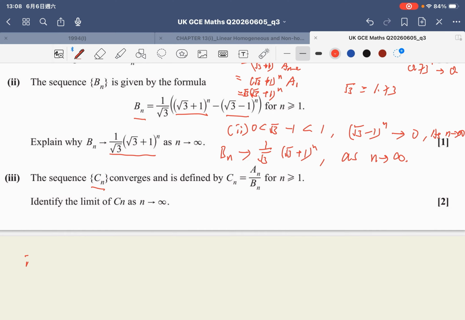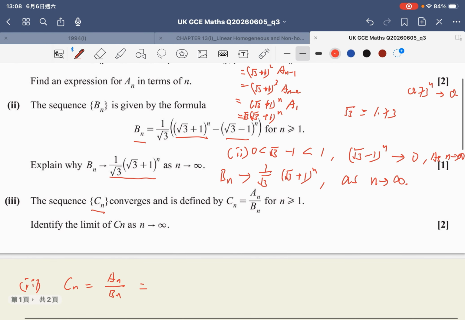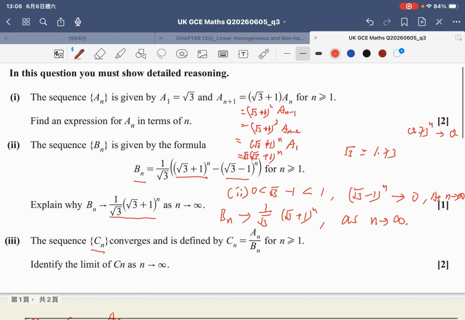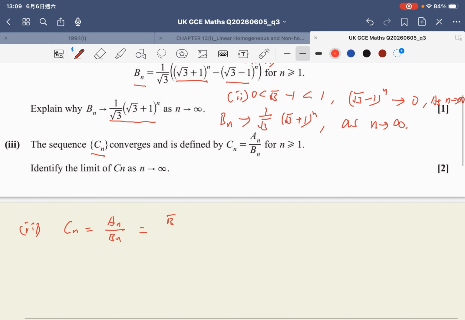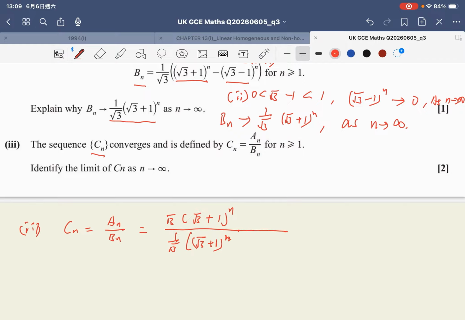For the third part, c_n is defined by a_n over b_n. Write down the answer for a_n: a_n equals root 3 times root 3 plus 1 to the power n, and b_n is 1 over root 3 times root 3 plus 1 to the power n minus root 3 minus 1 to the power n.